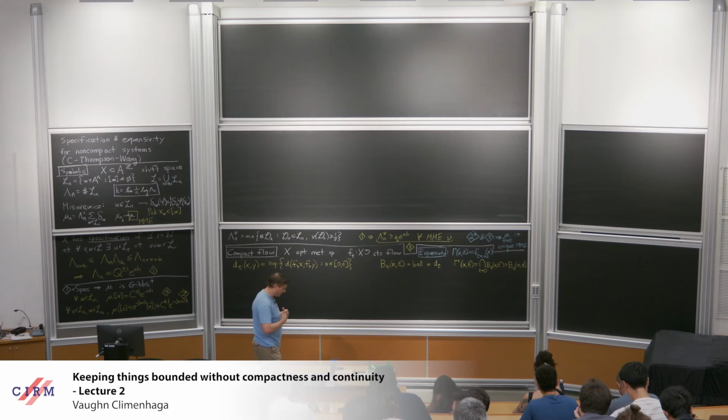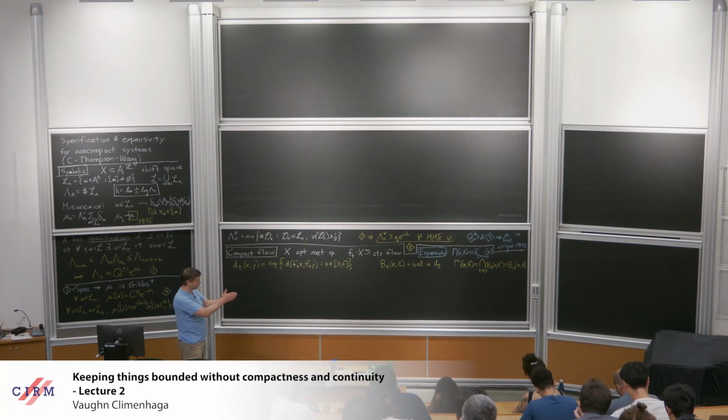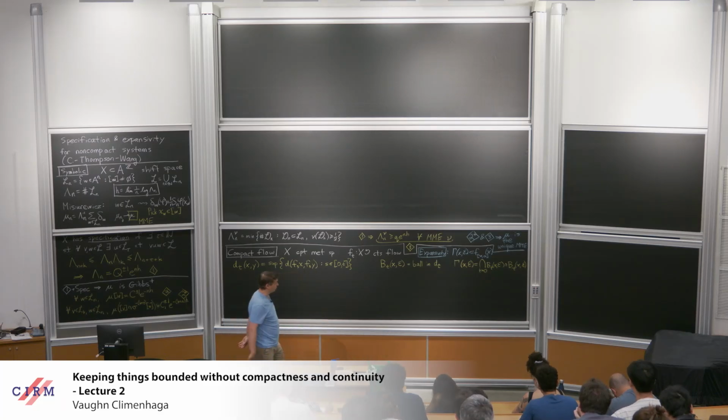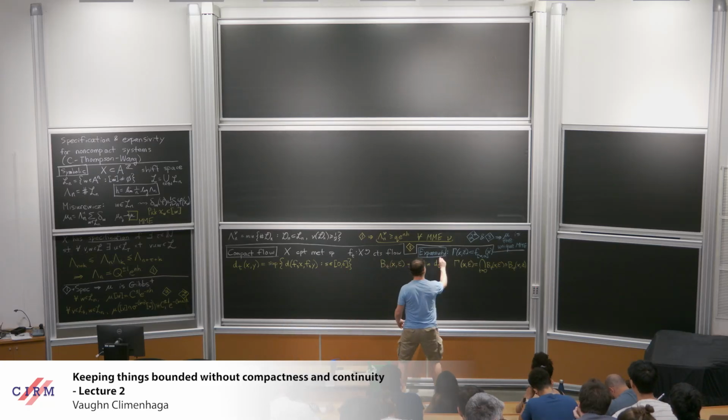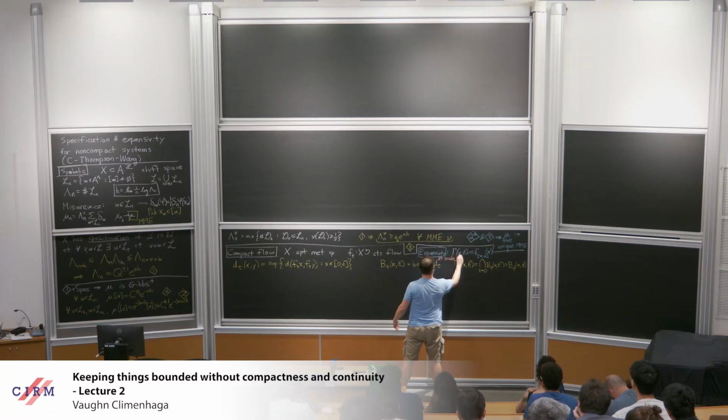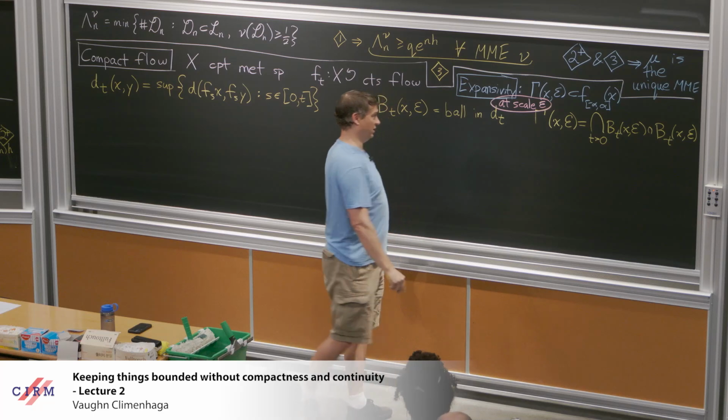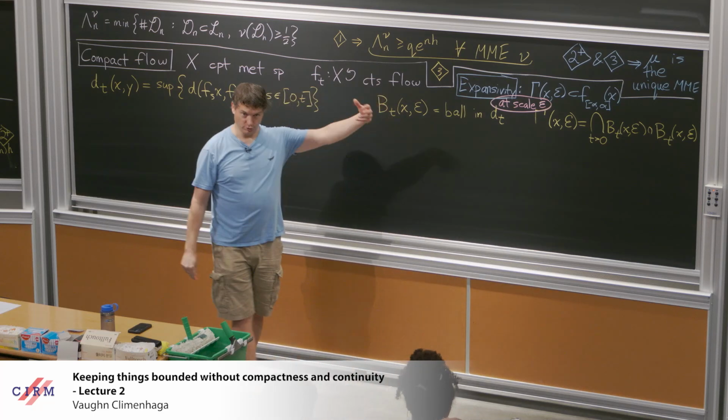If two orbits remain within distance epsilon for all time, forward and backward, then they must in fact lie on the same orbit, and the time between them is small, at least uniformly bounded. So this is the expansivity property. There exists an epsilon, yes, I will write it. So epsilon is fixed, and then this should hold for every x.